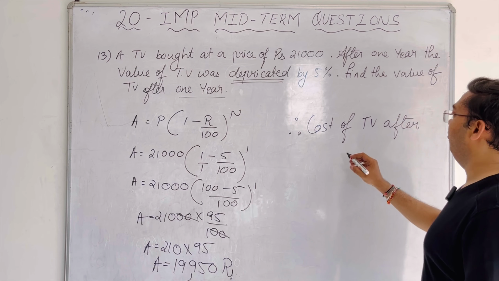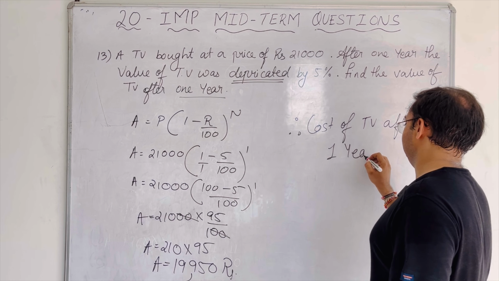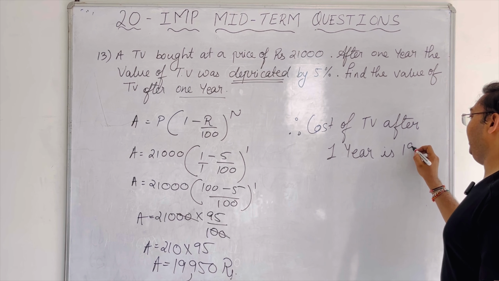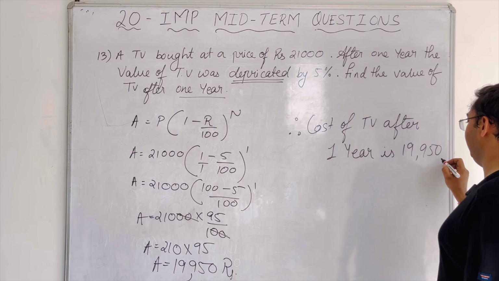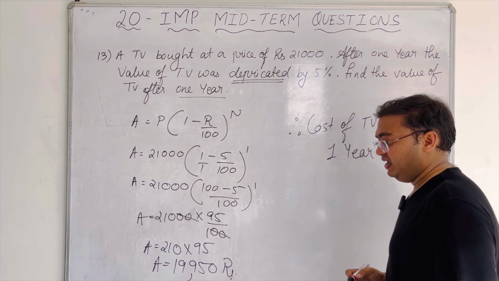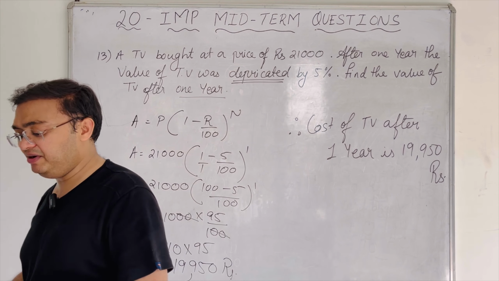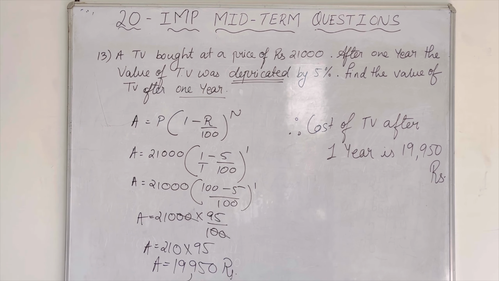after 1 year is 19,950 rupees. I hope this is clear that whenever the depreciation is there, we will use the formula of amount in the terms of minus so that we will get the value exactly.